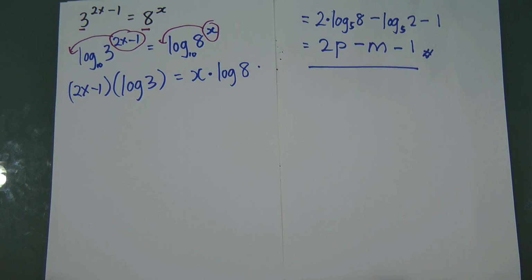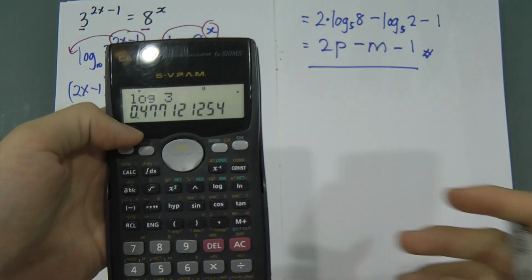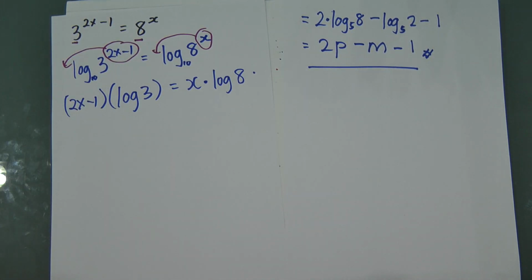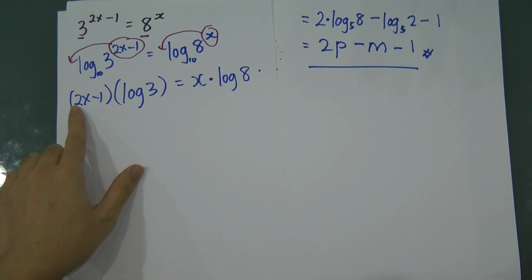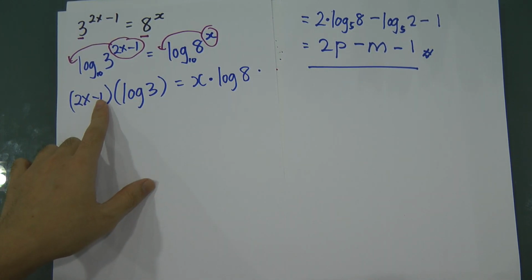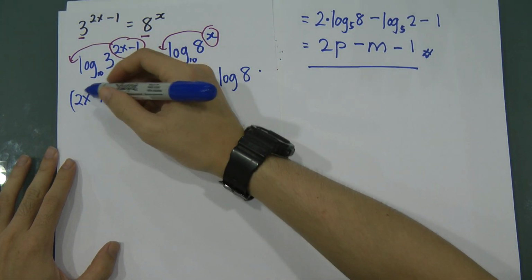Okay, so log 3 is just a number. Alright, so you assume this is a number. So I multiply the number into the 2x and I multiply the number into -1. Alright, so I multiply this one into both.